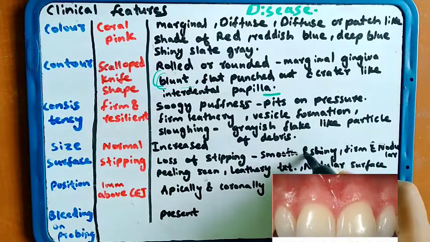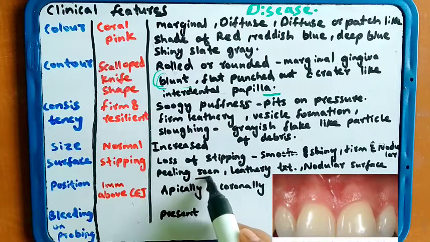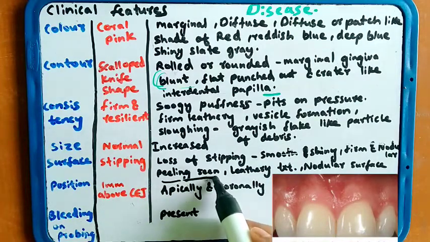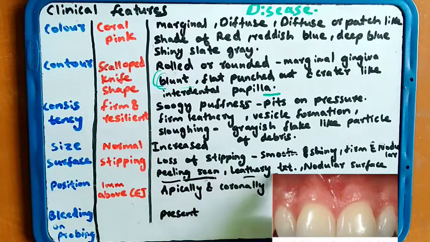Peeling of the gingiva is seen. The texture, as I have told you, will be leathery, and the surface of the diseased gingiva is nodular.